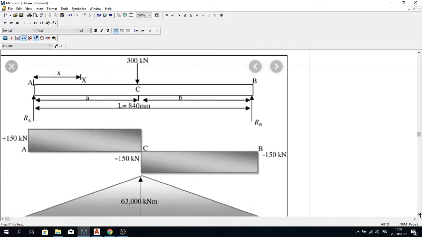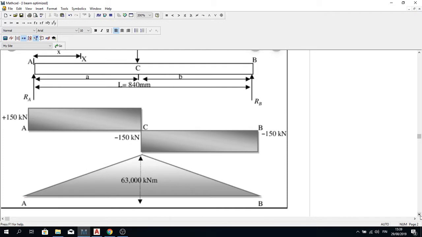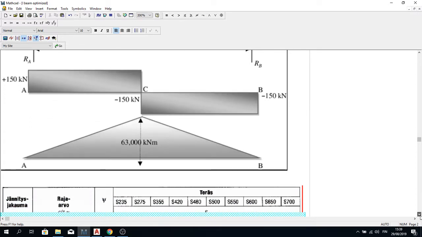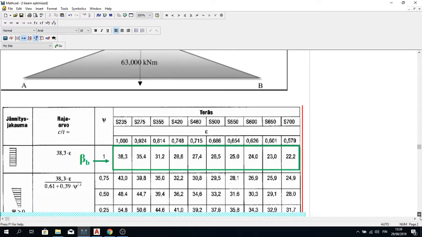I did not calculate it myself. The distance between two supports is 840 millimeter, the load on top of it is 300 kilonewton, and there will be a bending moment of 63 kilonewton meter, and the shear force will be 150 kilonewton. And this is the information about beta and neta factor.